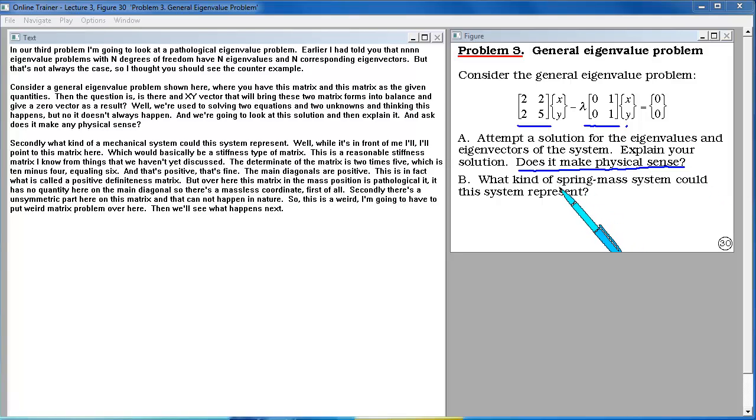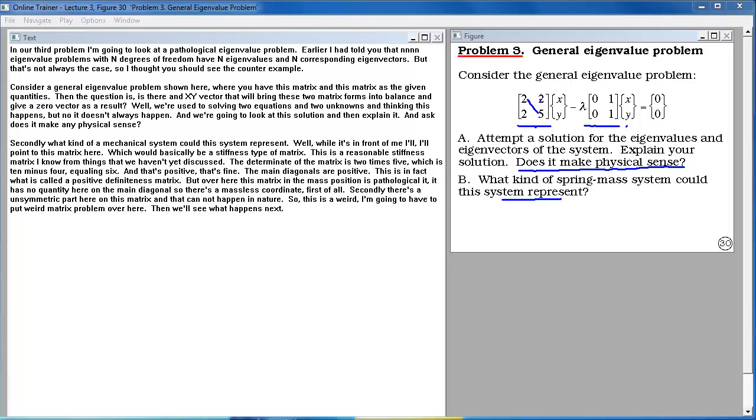Secondly, what kind of a mechanical system could this system represent? Well, while it's in front of me, I'll point to this matrix here, which would basically be a stiffness type of matrix. And this is a reasonable stiffness matrix, I know from things that we haven't yet discussed. The determinant of the matrix is 2 times 5, which is 10, minus 4, equaling 6. And that's positive, that's fine. The main diagonals are positive.